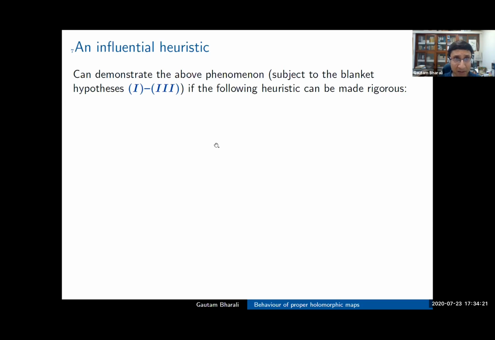So this is the heuristic. What I'm going to talk about is a set of steps which, whenever you can justify them, will result in the proof of a theorem.